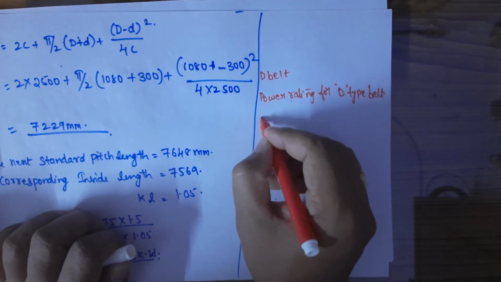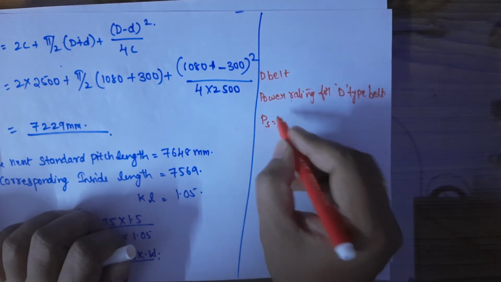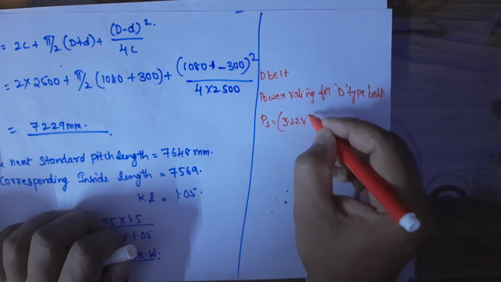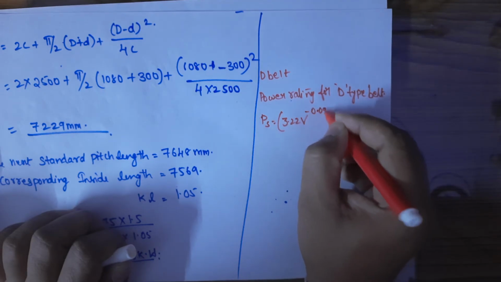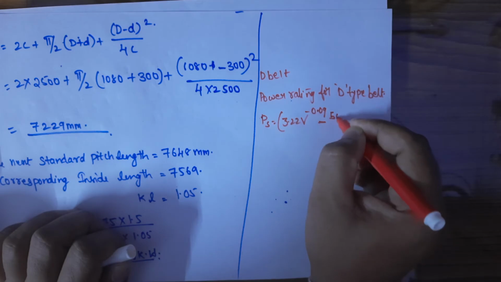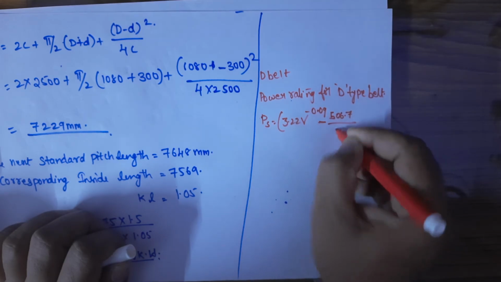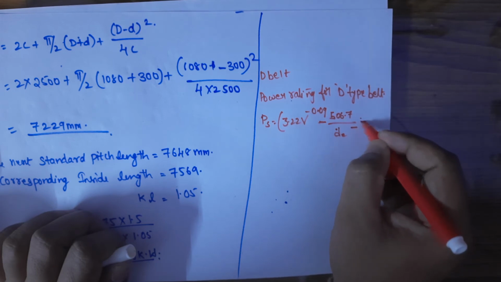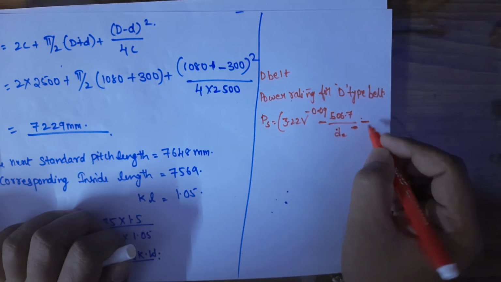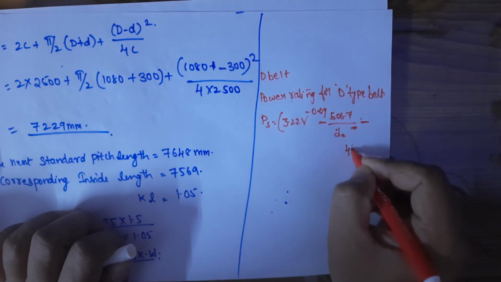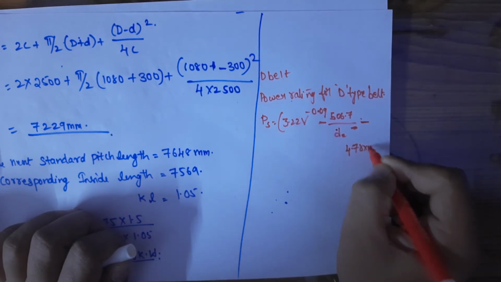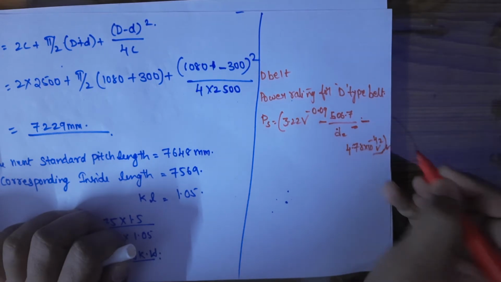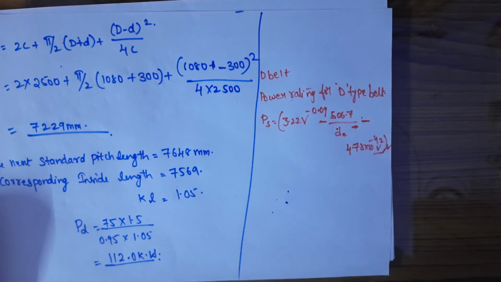PS is equal to 3.22 V to the power 0.09 minus 506.7 by DE minus 4.78 into 10 to the power of minus 4 V square into V. So this is the formula we are having.